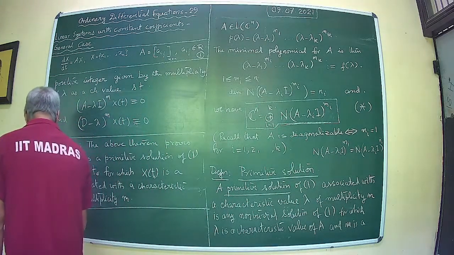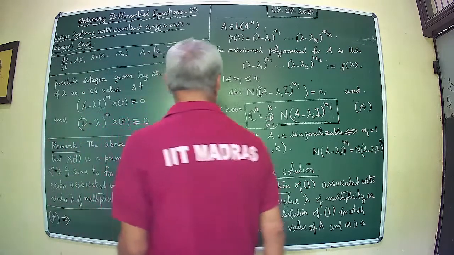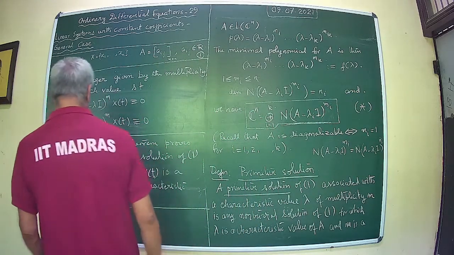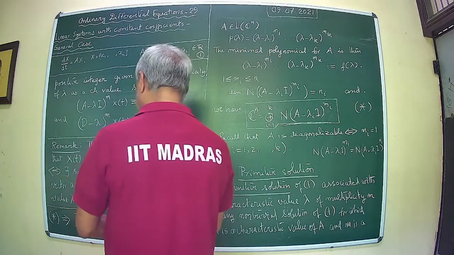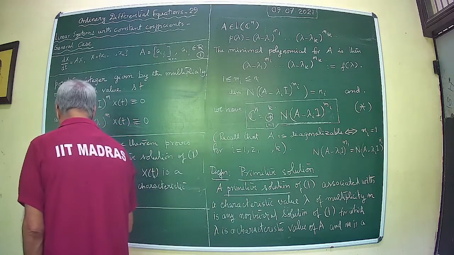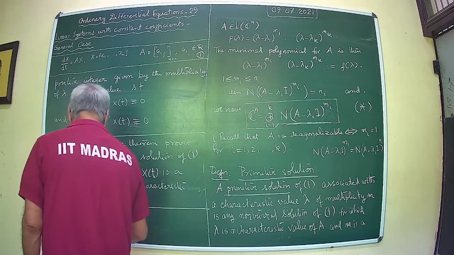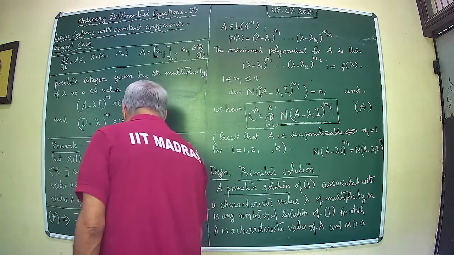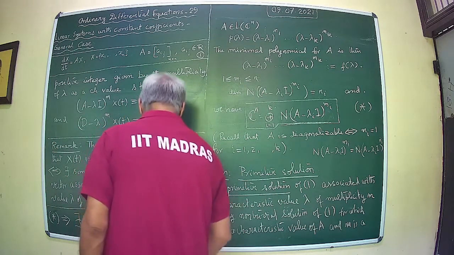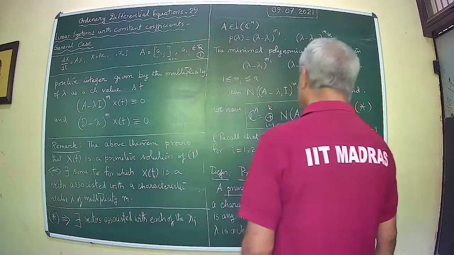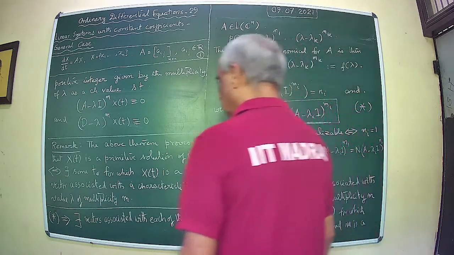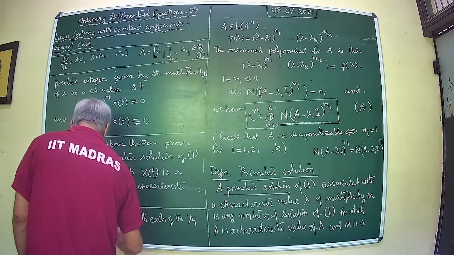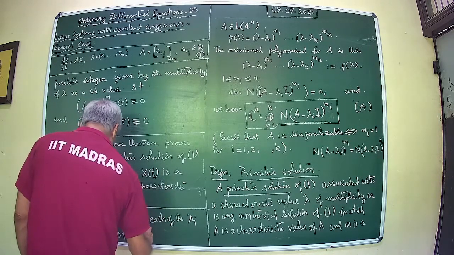Star implies there exist vectors associated with each of the lambda which span Cn.